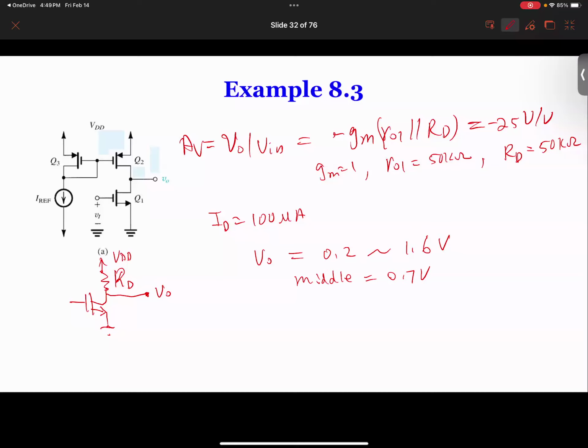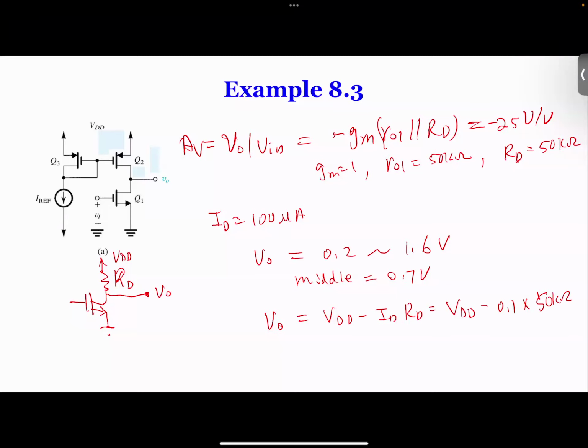That's the middle we need to get. So capital VO is going to be VDD minus ID times RD, which is VDD minus 0.1 milliamp times 50 kilo ohm.